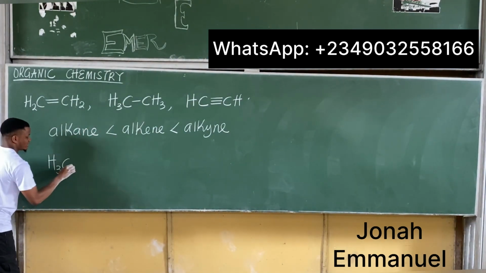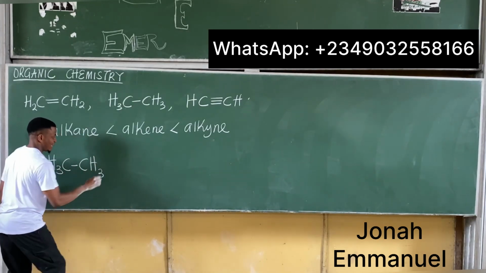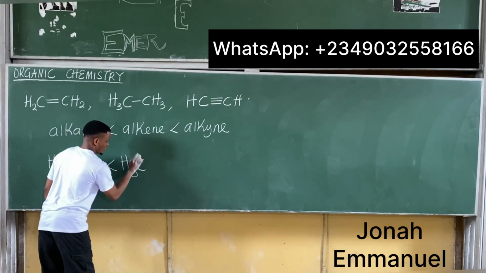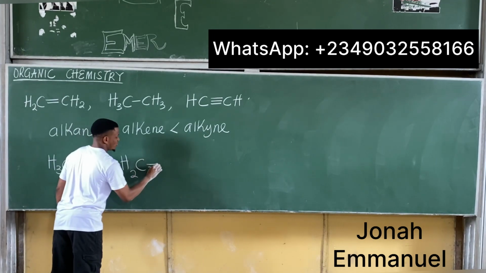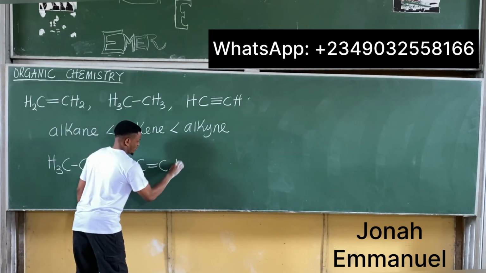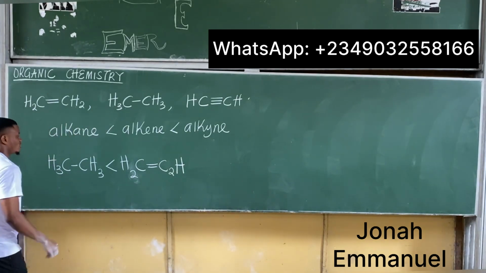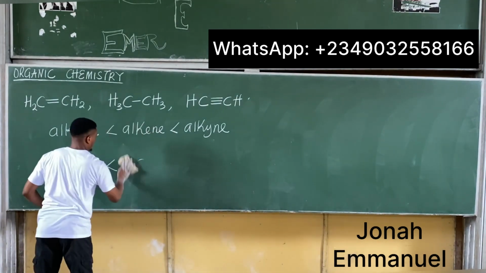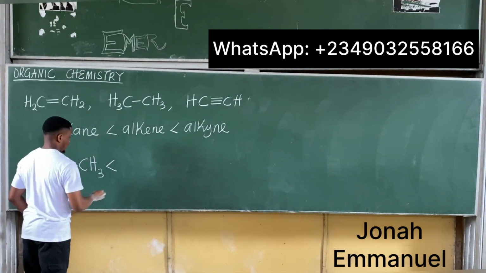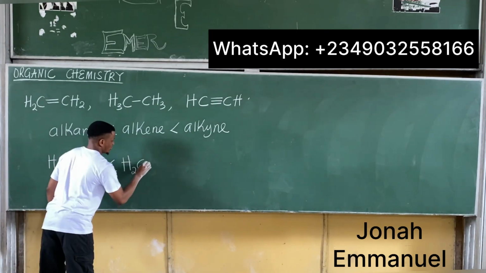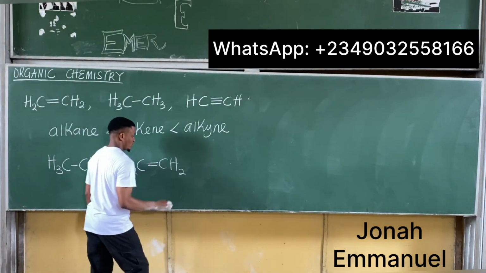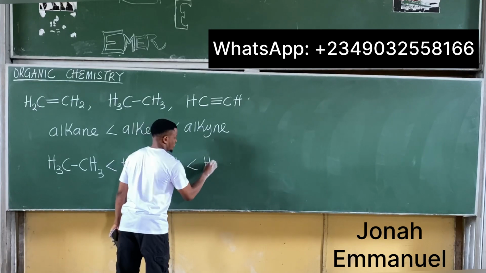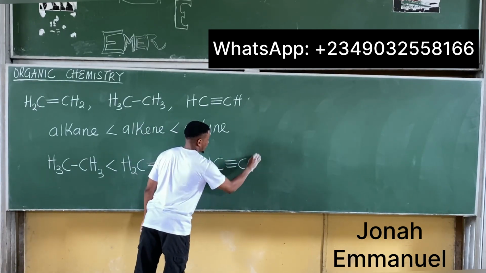The alkane is less acidic than the alkene, H2C double bond CH2, which is less than the alkyne, HC triple bond CH.